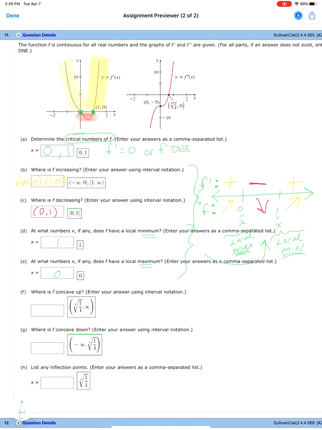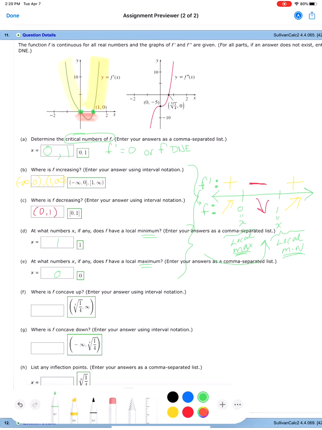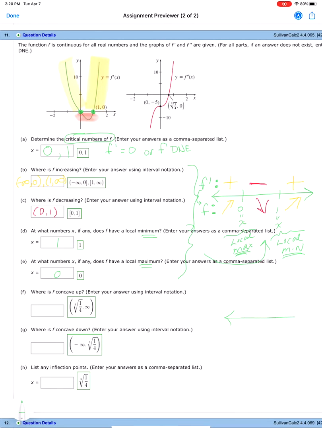All right, now when we think about concavity. Let's think about what you typically do with your sign analysis. When you're making conclusions about the concavity of f, that comes from looking at where the second derivative is positive or negative.